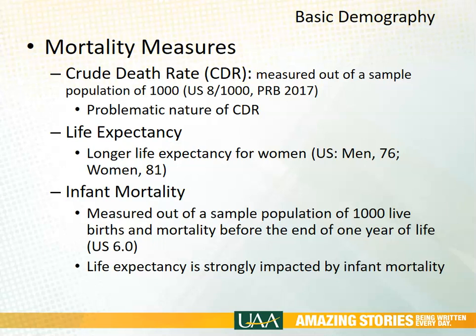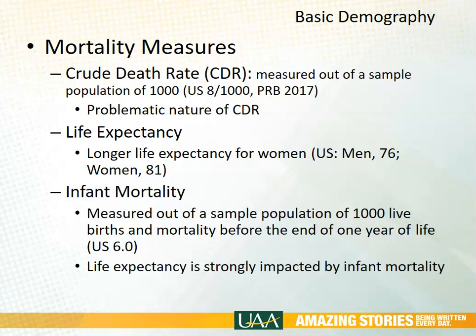As a result, demographers prefer to use expressions like life expectancy that tells what the average life expectancy for people are in a particular country. In the United States, for example, men lived on average in 2017 76 years and women 81. Of course, there's a lot of variability based on geography, based on income levels, and a host of other things as well.